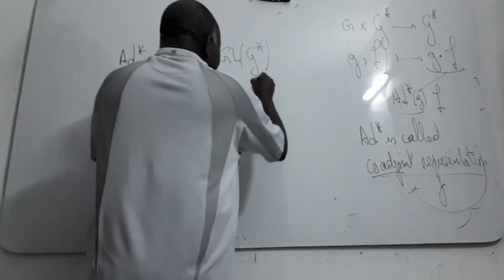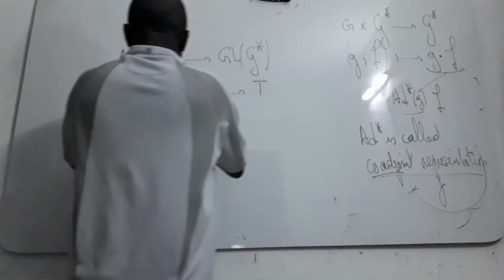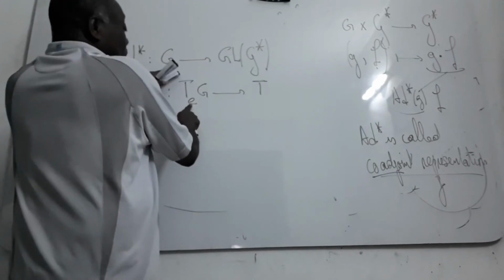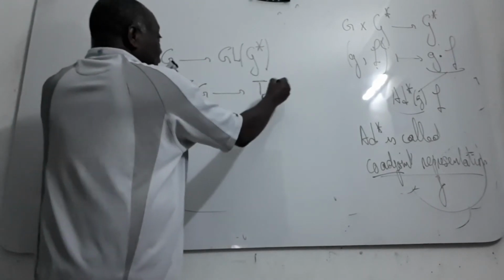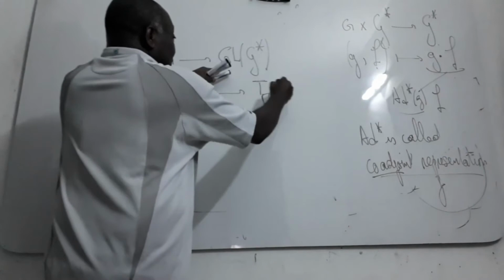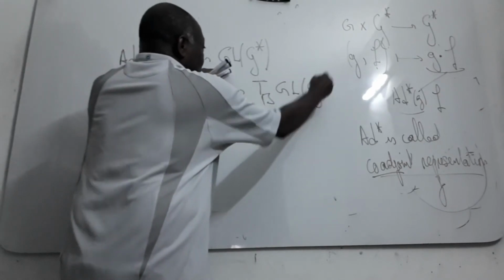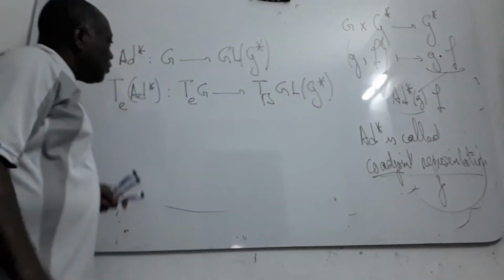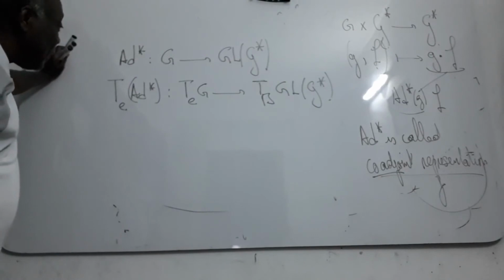Okay, the tangent space of the image of E for the adjoint representation.